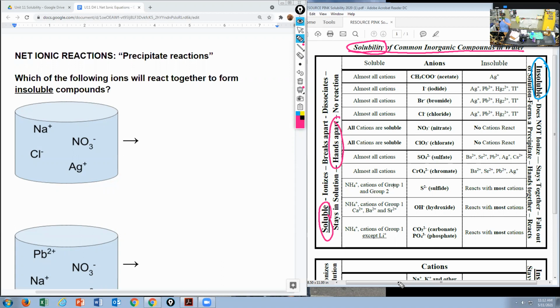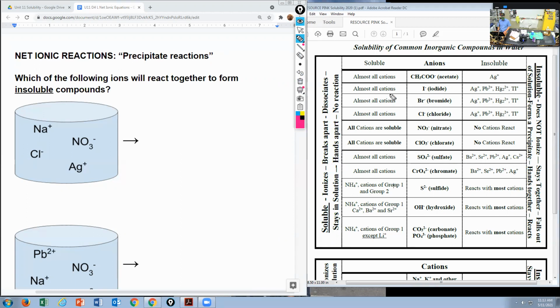It's when things break apart and their hands come apart. Hands together means that something reacts. You have two things and boom, they come together and form a compound. So they are what's called insoluble.